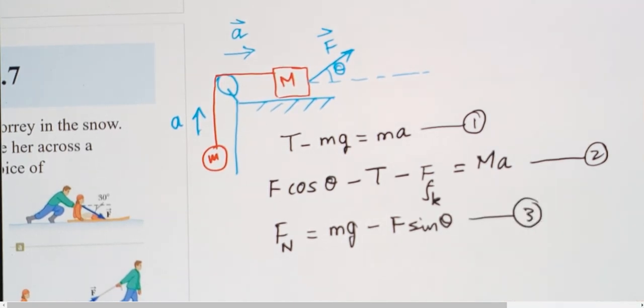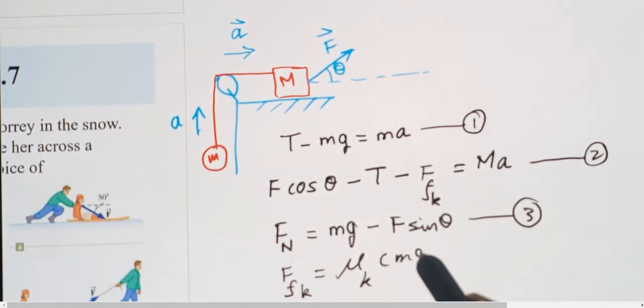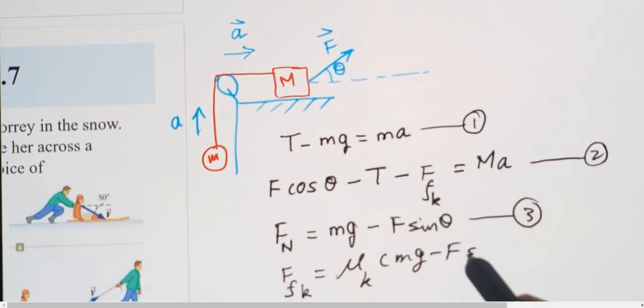That's our third equation. And of course, the kinetic friction force is equal to mu kinetic multiplied by mg minus F sine theta.